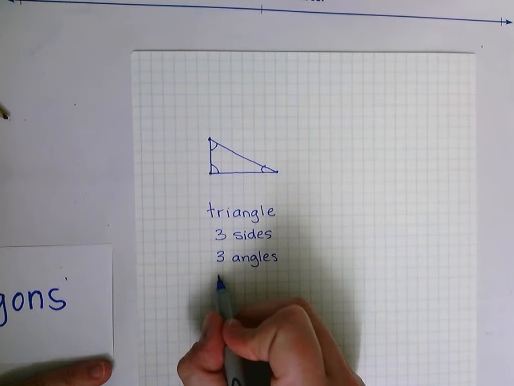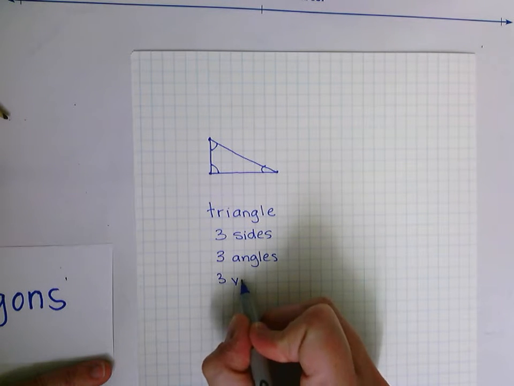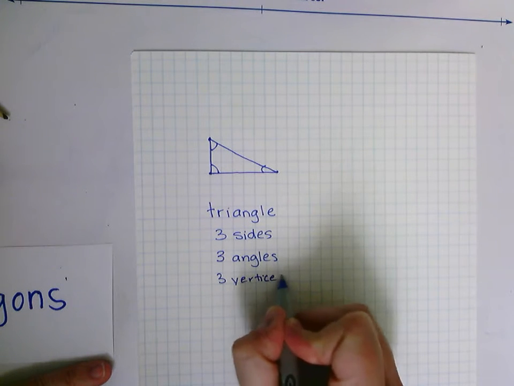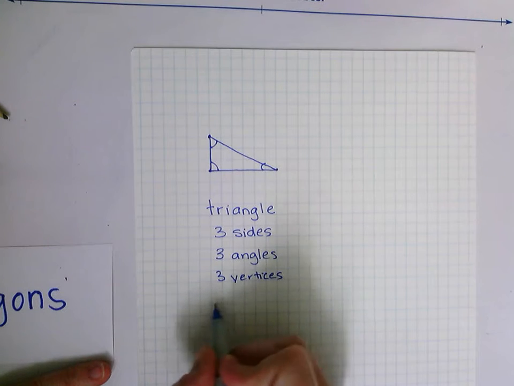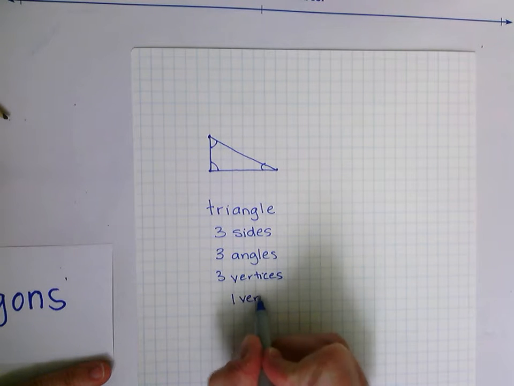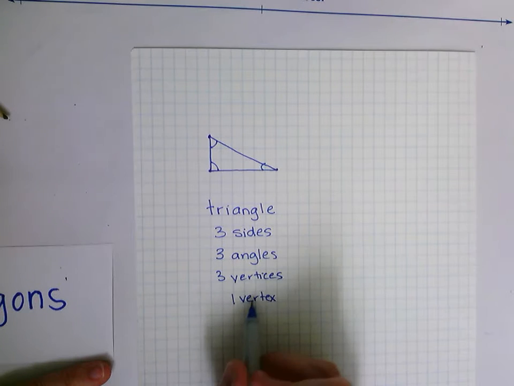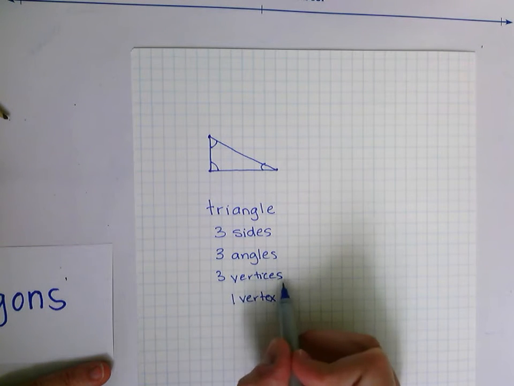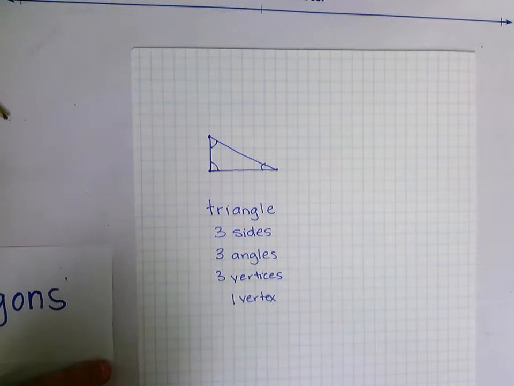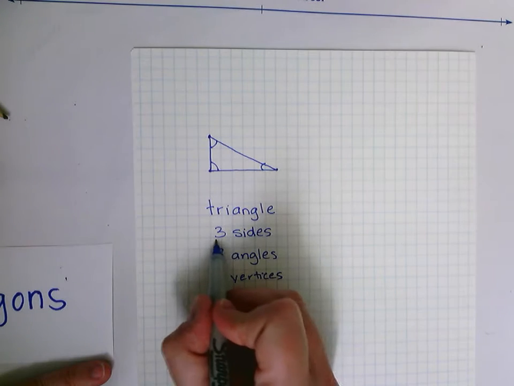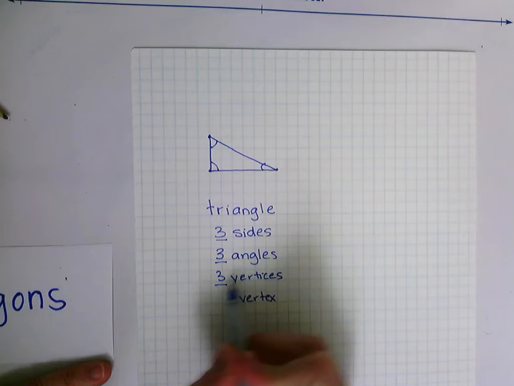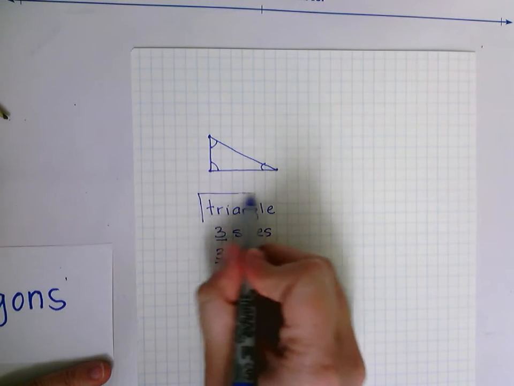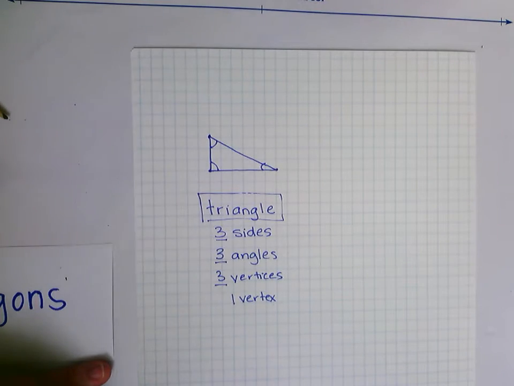Three angles, and it also has three vertices. If you might remember this last year, we would say one vertex, but the plural form of vertex is vertices. Three vertices because it's plural because there's three of them. So we have three sides, three angles, three vertices. That is a triangle, and a triangle is just one type of polygon that we can have.